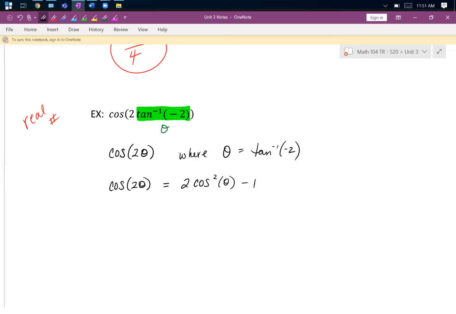Negative 2 is not a number just off of our unit circle. We never have answers that just spit out 2. It's always square root of 2 over 2, square root of 3 over 2, just square root of 3, things like that. So this here is not on the unit circle, so we're going to create a triangle.